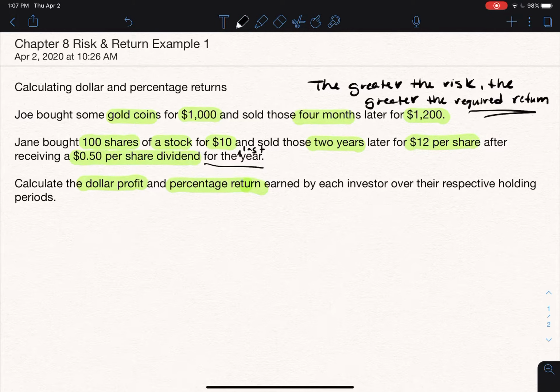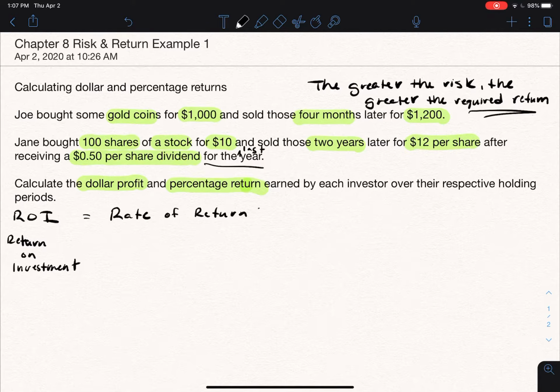First is how do you calculate a rate of return? This is just another way of saying ROI, which you should have seen in a previous chapter, or at least in your Accounting 120 course, which stands for Return on Investment.